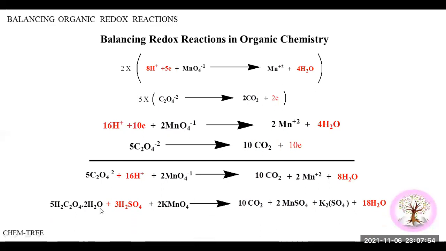If 2H2O is there, then 4 hydrogen have been part of this oxalate. So you will write over here 4 hydrogen for this one, and the rest of the thing, 3 twos are 6, for this one. This is a balanced equation.